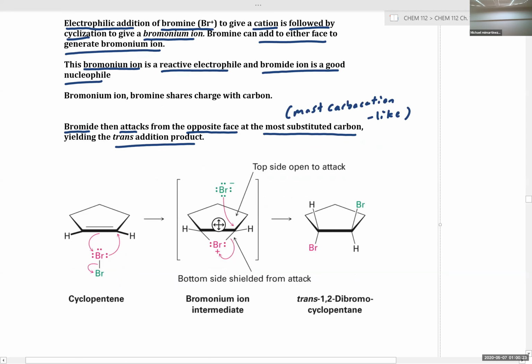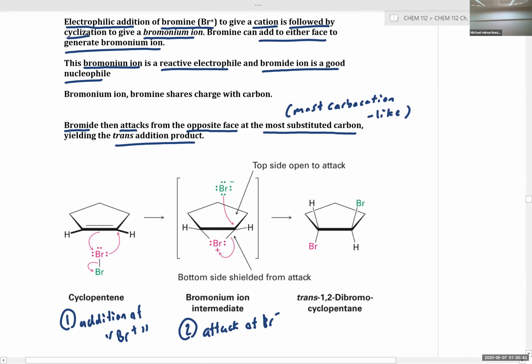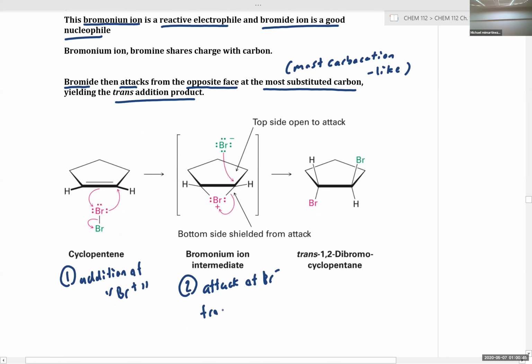So mechanistically, first things first, we have addition of Br+. Then we have the attack of Br- from the opposite face.